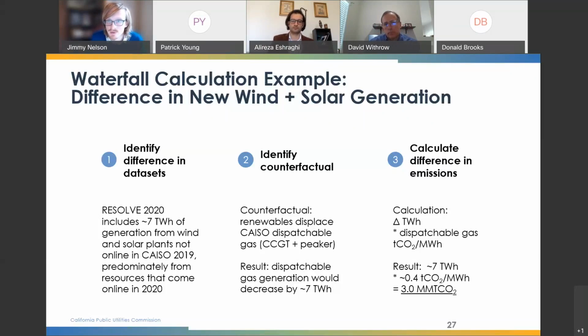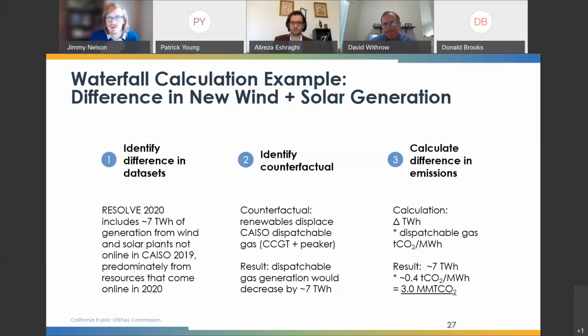So what's the counterfactual? Building on our experience with production simulations, usually when you crank up the level of renewable generation, dispatchable resources in CAISO, dispatchable gas turns down. So let's say that 7 terawatt hours of dispatchable gas turns down.